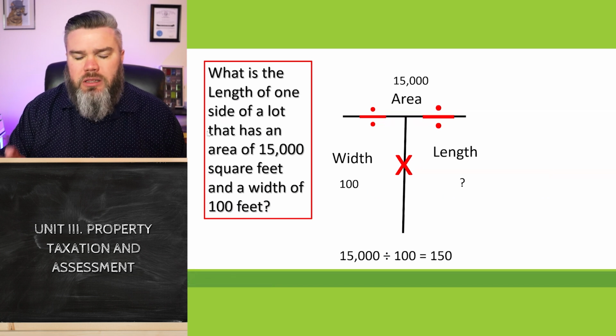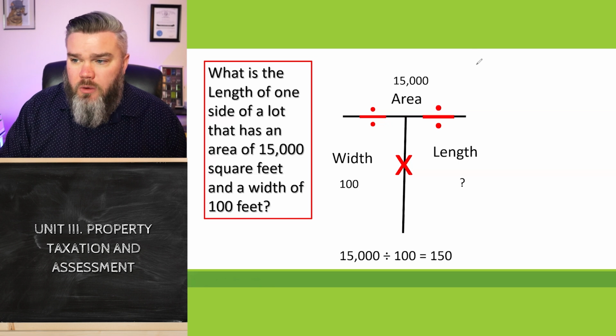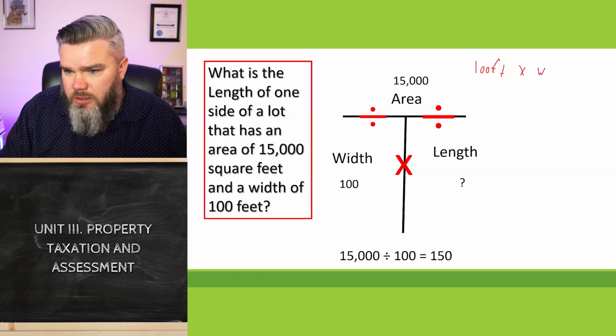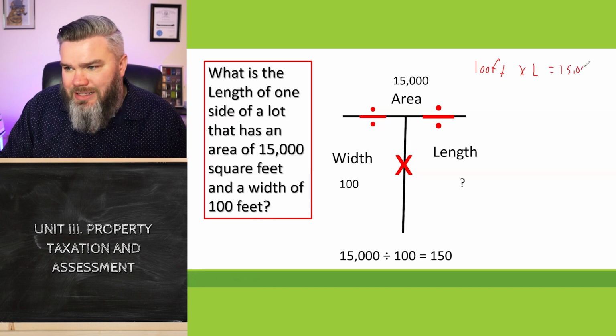Well, folks, this is what I'm saying, that your brain works linearly. 100 feet times this unknown length equals 15,000.